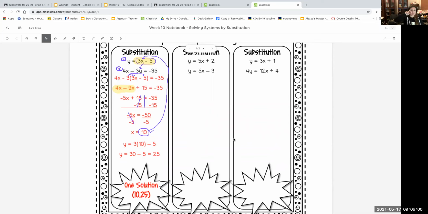Do I like this more than graphing? Because you can pick either solving things by substitution or solving things by graphing, whichever one you're better at, at least when it comes to the final. I want you to practice doing both of them today and tomorrow, but one might be easier for you than the other.